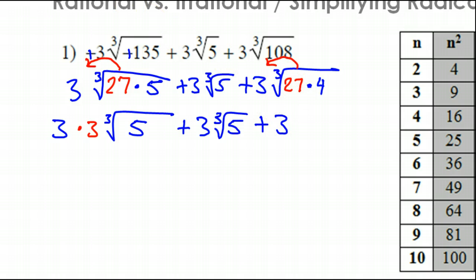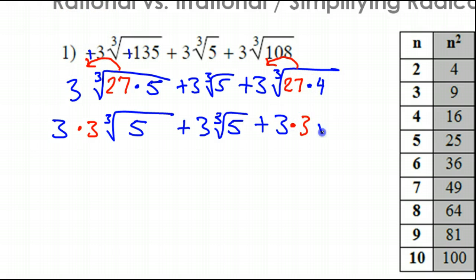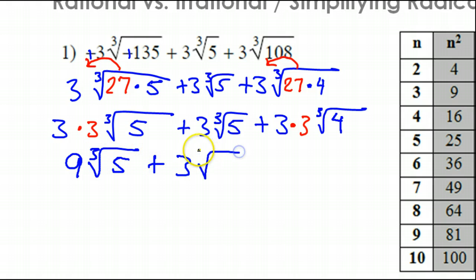The cube root of 27 is 3, and that's going to come outside the radical and multiply. Now this cube root of 4 is going to have to be stuck under the radical still. When I put this together, 3 times 3 is 9, so I will have 9 cube roots of 5 plus 3 cube roots of 5 plus 9 cube roots of 4.